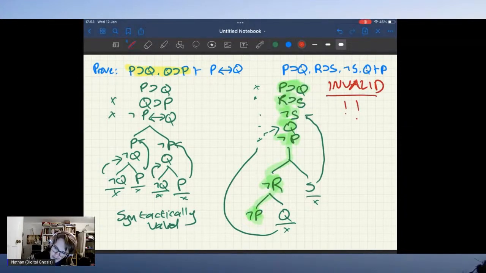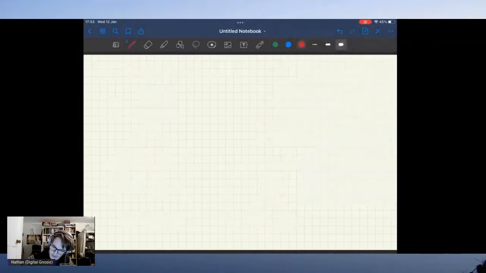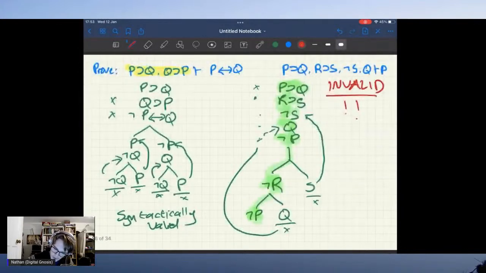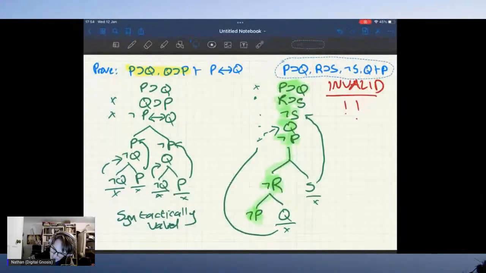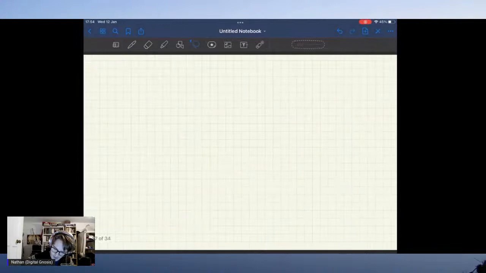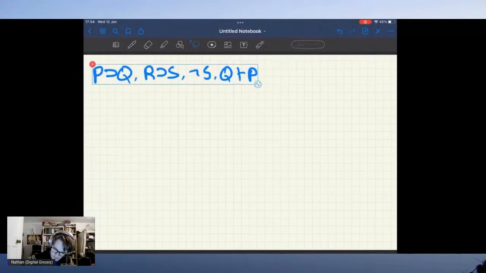And we could do the same thing, let me just copy this, semantically, by basically doing what I said before.